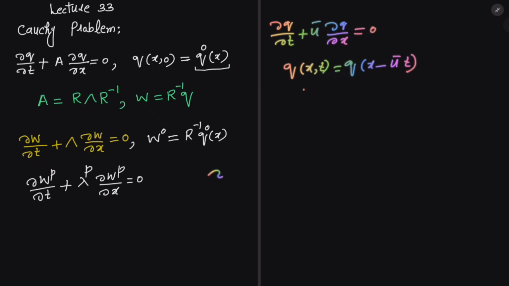So similarly, the solution of this system of advection equations must have initial condition move towards right or left depending on the eigenvalues.